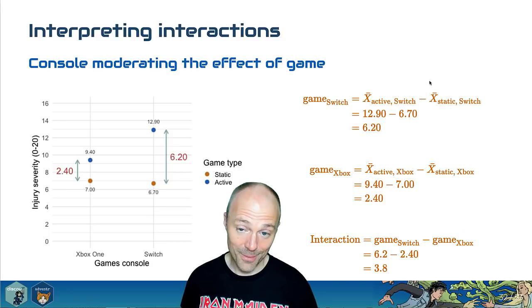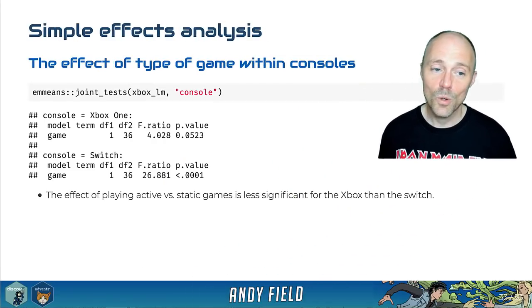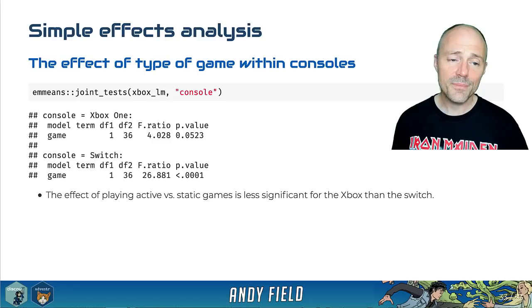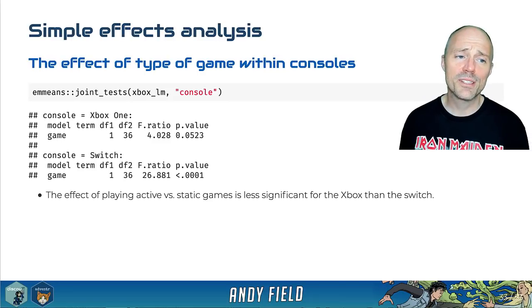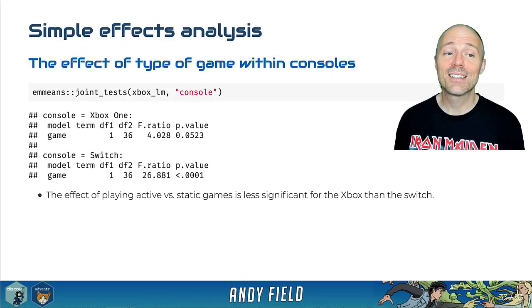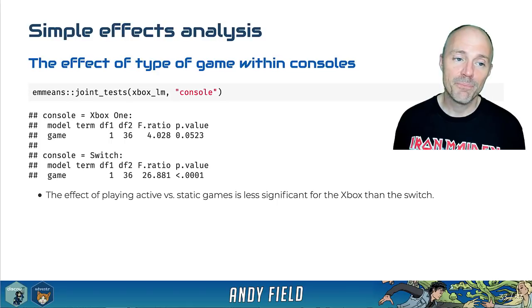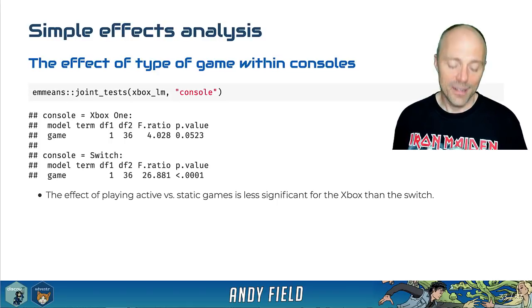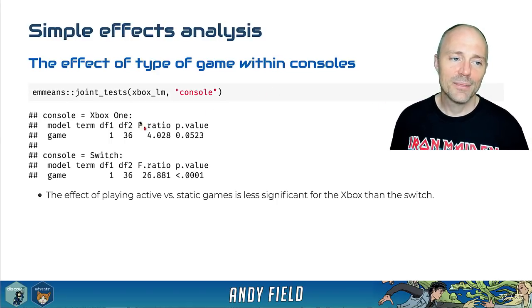You can, though, also test this formally. You can use something called a simple effects analysis, which does exactly this. It formally tests the effect of the type of game within each console separately. What we see in the output here is the effect of game when the Xbox is used.